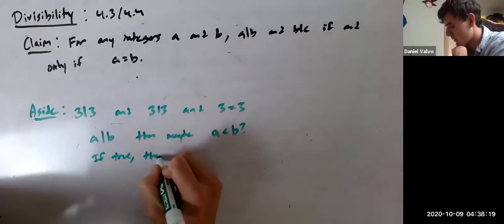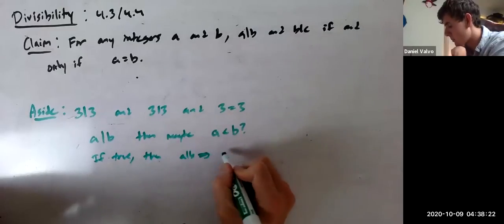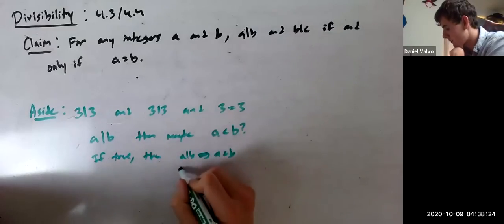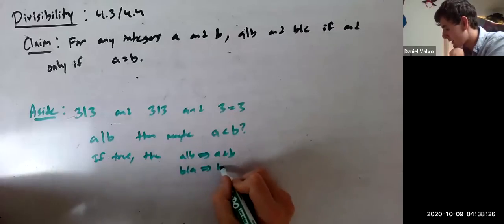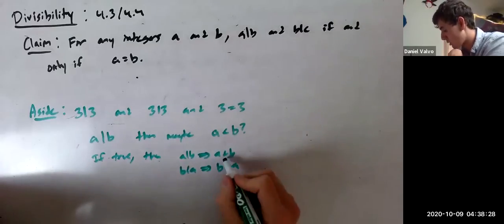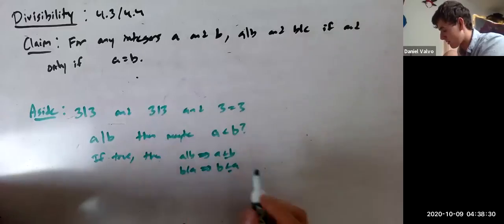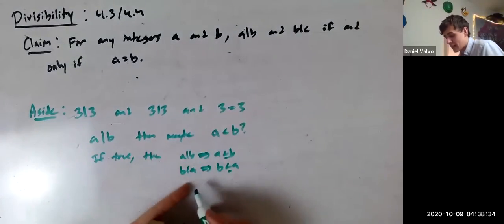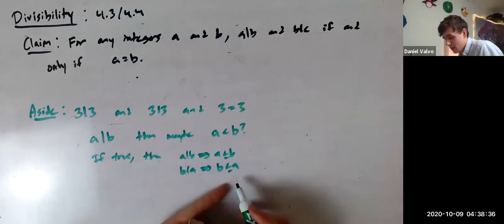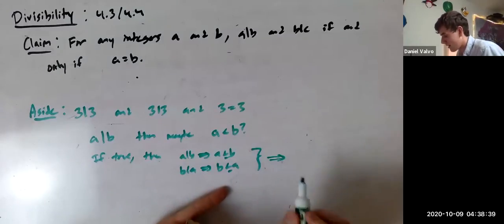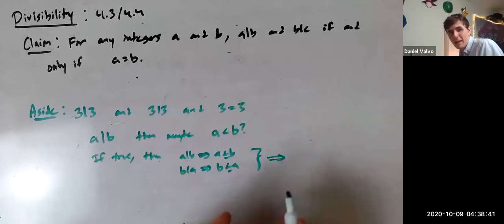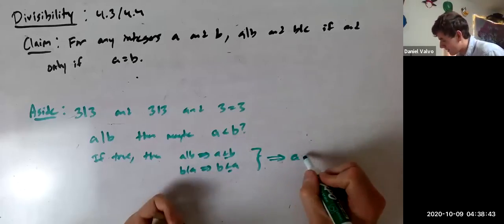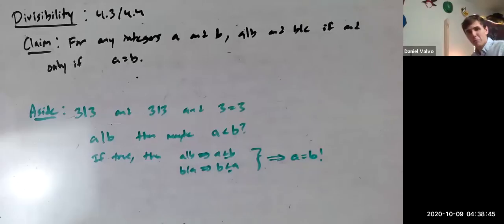If true, then A divides B would imply A is less than or equal to B, and B divides A would imply B is less than or equal to A, because like we said, 3 does divide 3. Well, then together, if A is less than or equal to B and B is less than or equal to A, it's going to equal B, right?